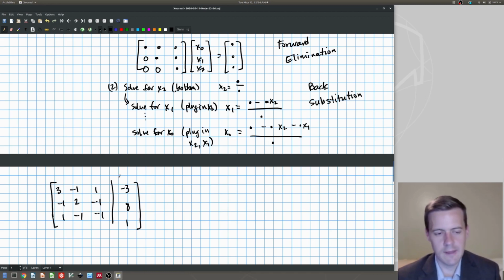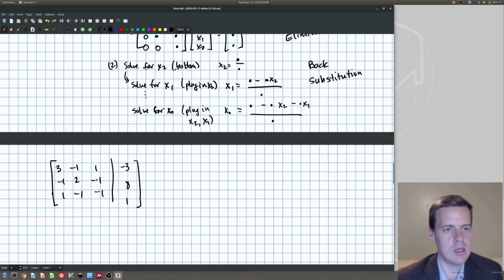I write down my augmented matrix so that I don't forget to do the right-hand side. The first thing I'm going to do is start in column 0 first. And within column 0, I'm going to start on row 1.